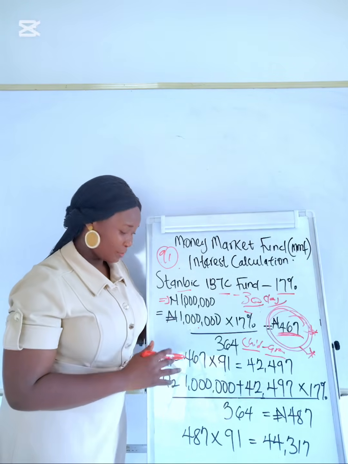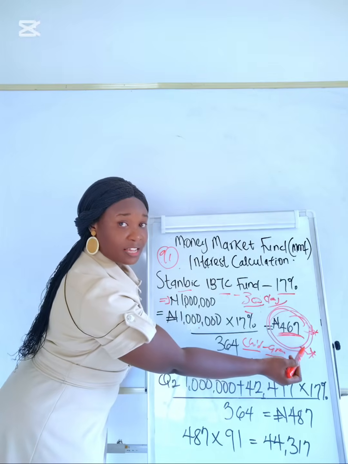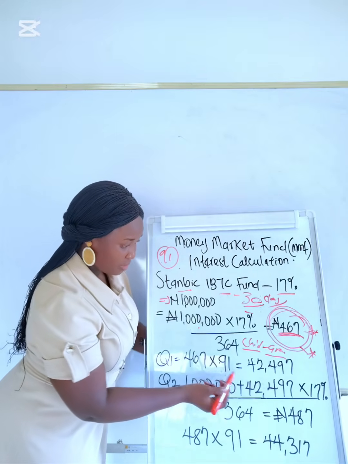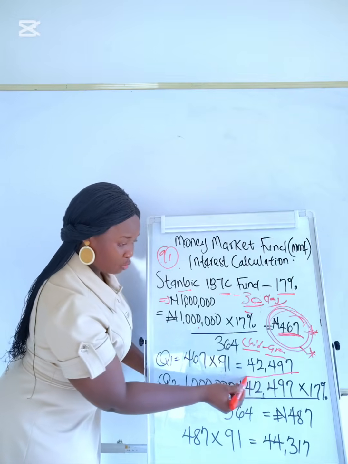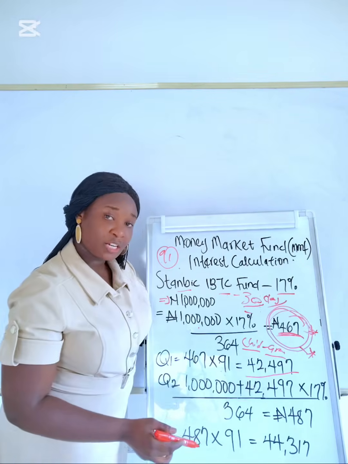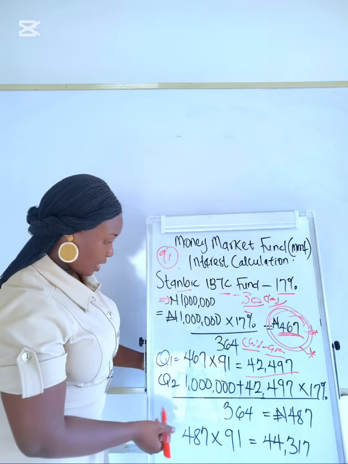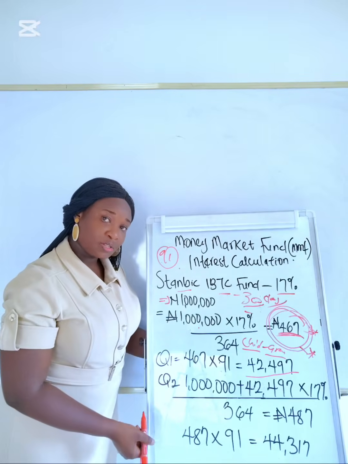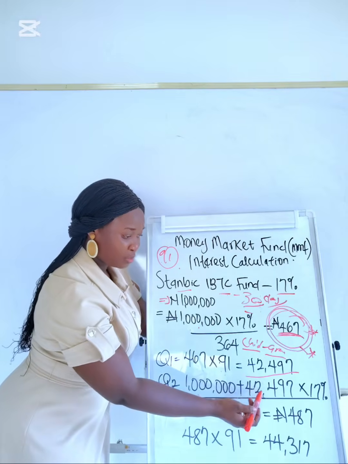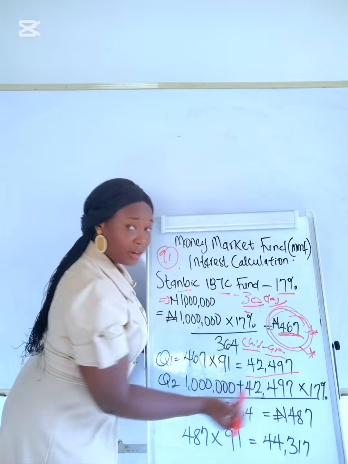Now let's come back to your calculation. If you get 467 naira for 91 days, that's 467 times 91 days. That means at the end of the first quarter, your total earning is 42,497 naira. Now, at the beginning of the second quarter, your new capital is 1 million naira plus 42,497 naira.